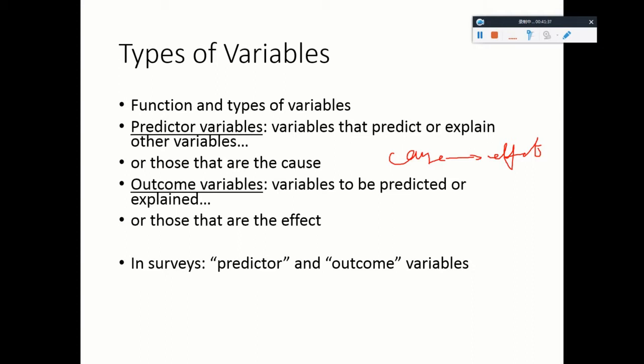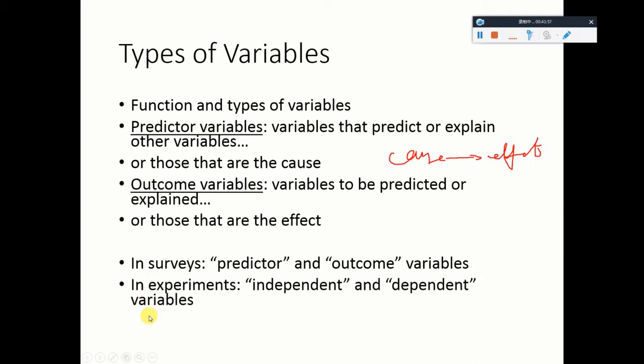So when you are conducting a survey study, you will usually use words like predictor and outcome variables, right? But in experiments, you will call predictor variables independent variables, and outcome variables dependent variables, for reasons that we'll discuss later.